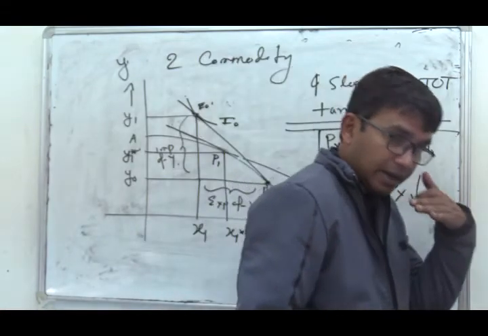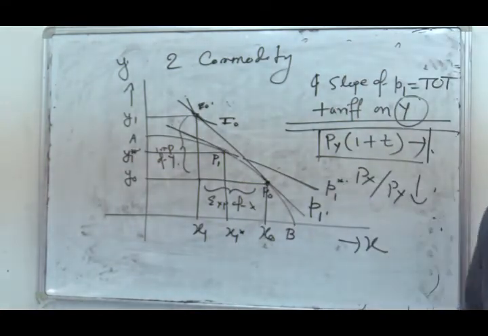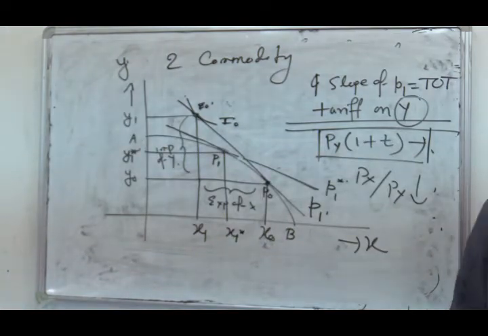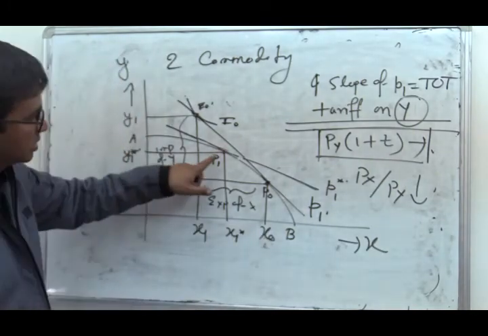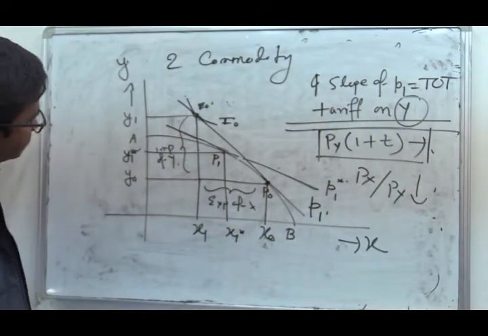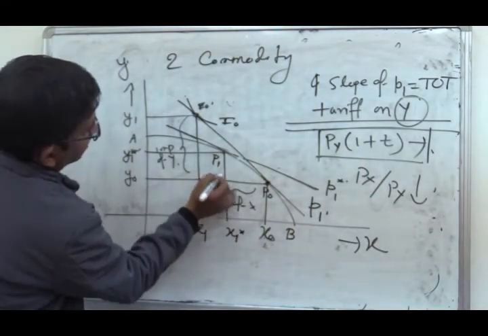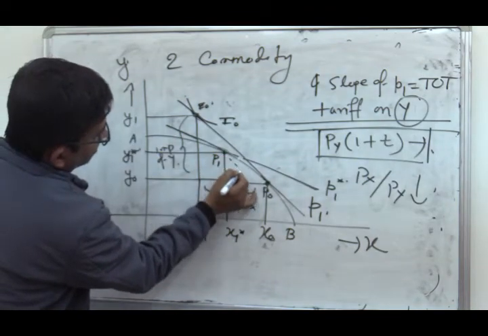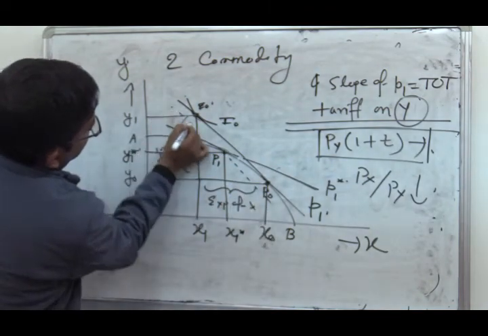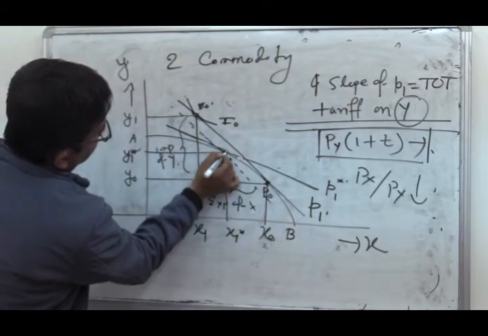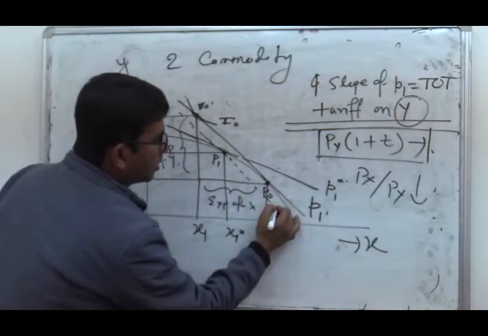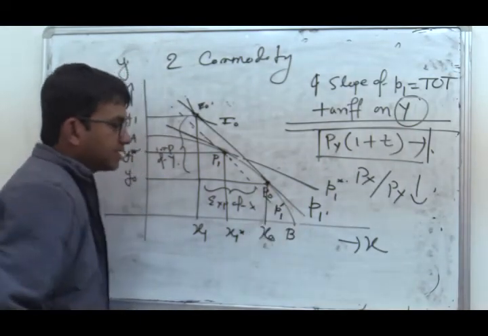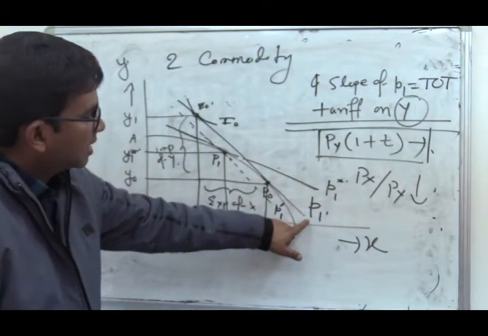Now, the next question comes: what will be the post-tariff consumption point of the country? If we consider this is the production point, this is the slope of P1 dash, and P1 dash is exactly parallel to P1.